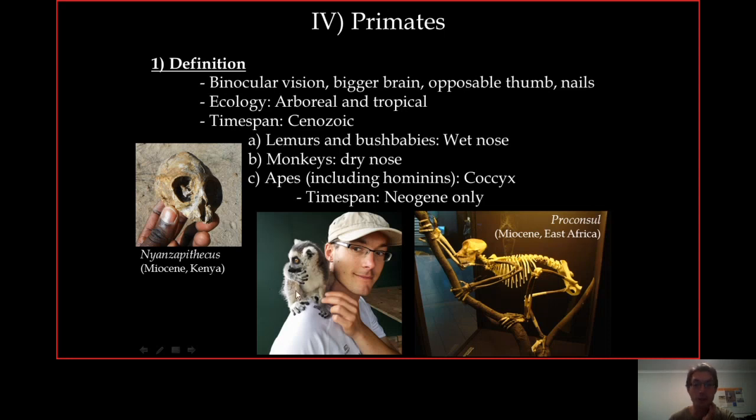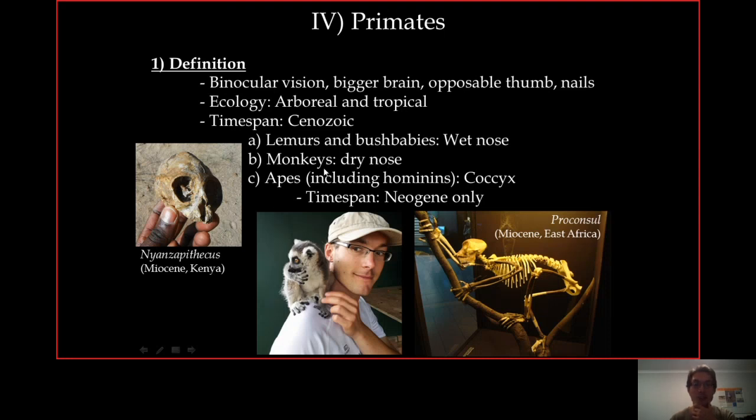First, the lemurs and bush babies. The lemurs that you find in Madagascar and the bush babies that you find on the African continent, they belong to the family of wet-nosed monkeys. The wet-nosed monkeys, because they have that black thing at the top of the nose that they have to keep moistened, just like dogs or cats.